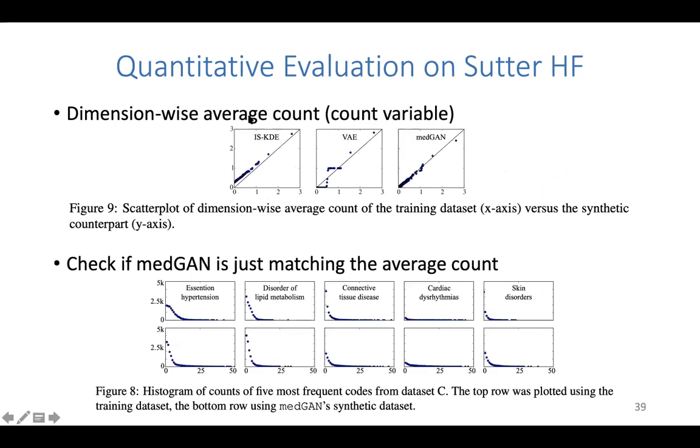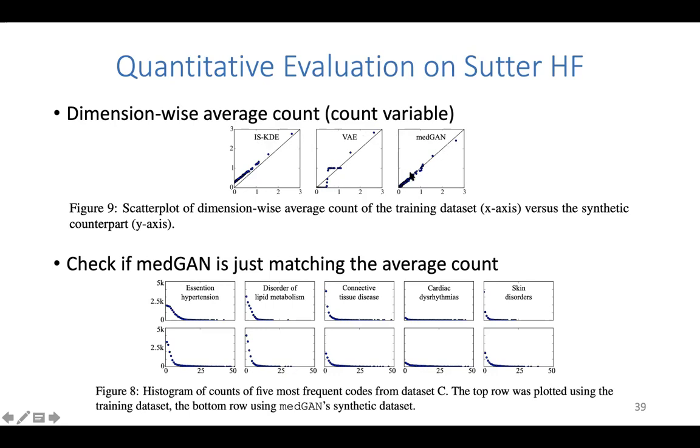It's no longer average occurrence probability because it's no longer binary. We have counts. Compared to these two, MedGAN does a pretty good job. So this is independent sampling with a kernel density estimator. This is VAE, and VAE somehow shows a stepping function type of thing. Compared to these two, MedGAN does a pretty good job.